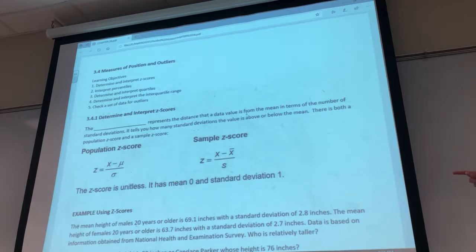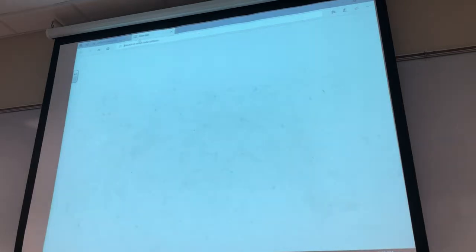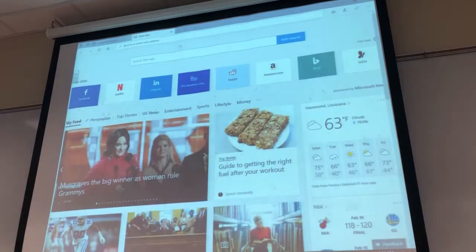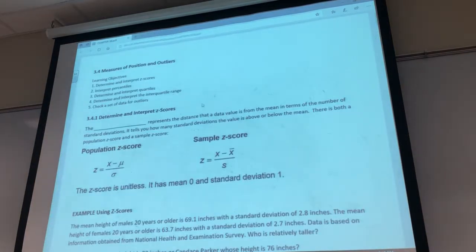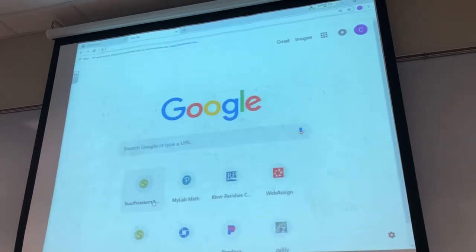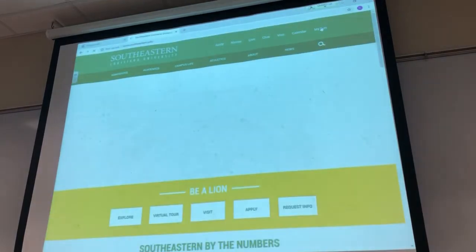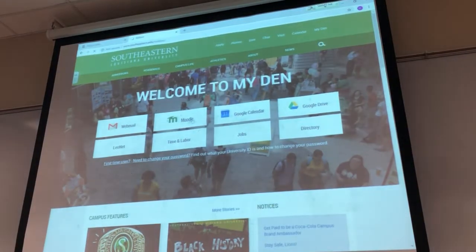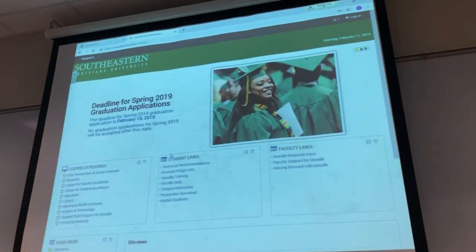Are you using these on 3.4 and 3.5? They're not on there? Yeah, I'll post them. I'll do it. Actually, maybe I can just do it right now.